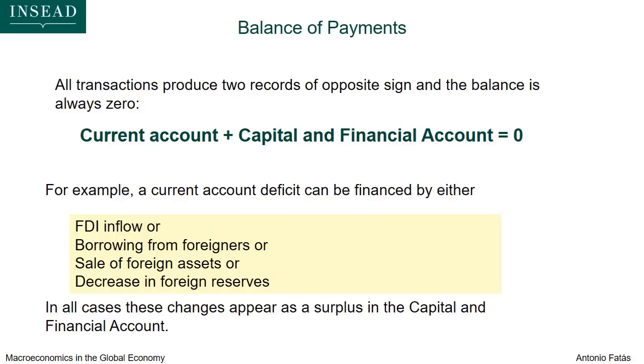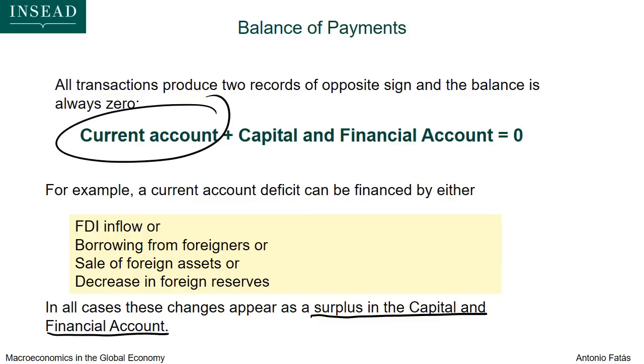What is relevant is in all these cases, what we're going to see is a surplus in the capital and financial account, which is going to match the deficit in the current account. So we're going to have a minus sign in the current account, a plus sign in the capital and financial account of equal size. So when we add up the two, we're going to get 0. In that sense, the balance of payments will always be balanced if we take into account all the trade, income, and capital flows.